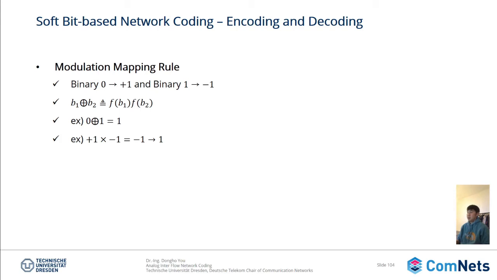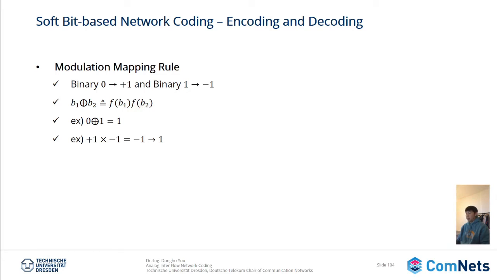So now let's see how we can use the soft bit for network coding. First, there are some conditions to use the soft bit for network coding. The binary 0 must be mapped into +1, and binary 1 must be mapped into -1. Then the XOR operation between two bits is equivalent to the multiplication between the modulated signals.